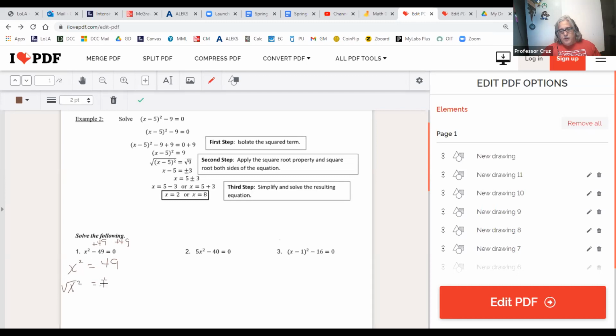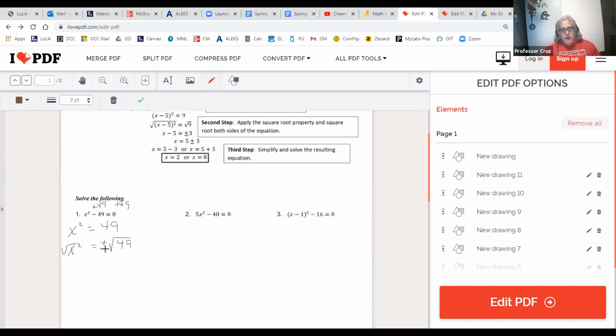And when you put in the plus or minus, it's kind of open to debate. You can put it in here. In the example, they didn't put it in until after. But we're going to have two things that come out because that's equal to 7.